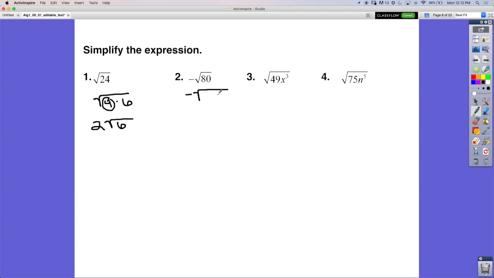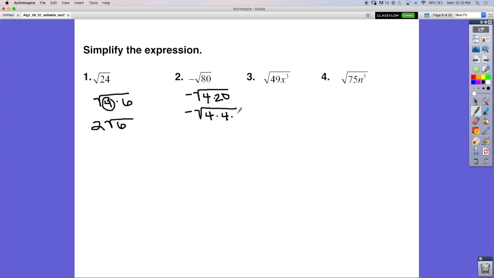80. Let's look for some perfect squares inside there. Is 8 a perfect square? No. Is 10 a perfect square? Okay, so how else can we break this up with a perfect square? 40 is not a perfect square, but 4 is. 4 and 20. Oh, but inside 20, there's also a perfect square.